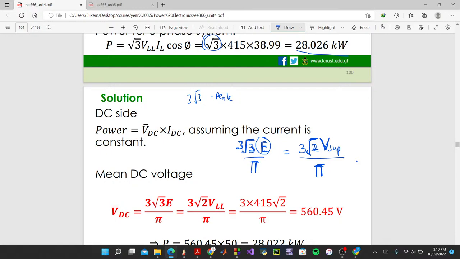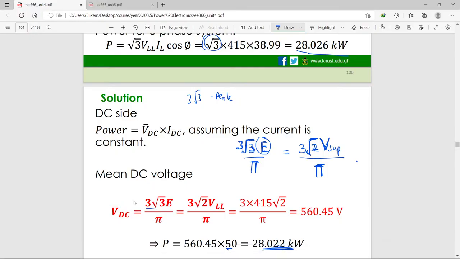So this is 3 root 3 E over pi, right? So we know that we're having 3 root 3.